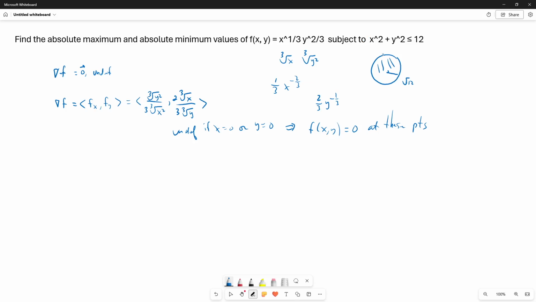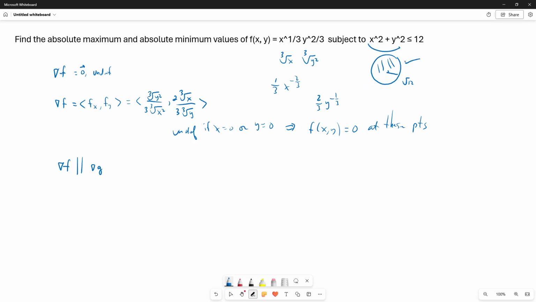And now, on the boundary of the region, we'll use Lagrange multipliers, which tells us that the maximum and minimum will occur if the gradient of f is parallel to the gradient of g, where g is this function here.